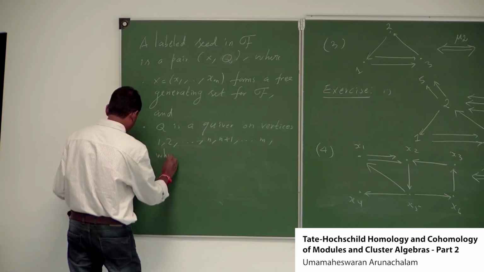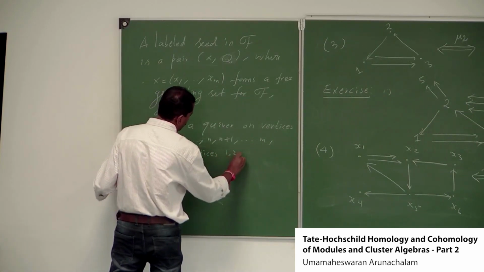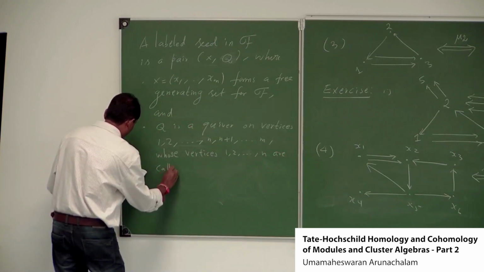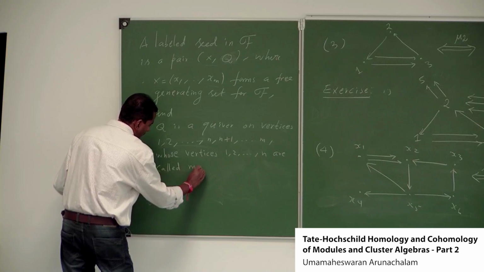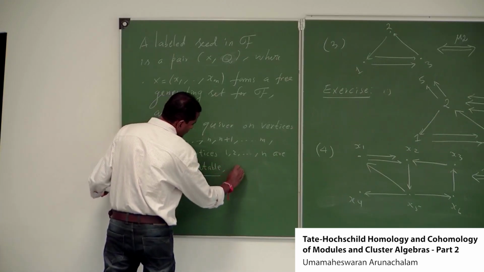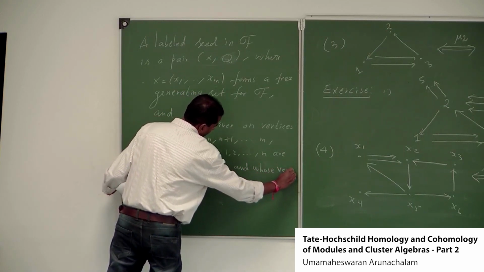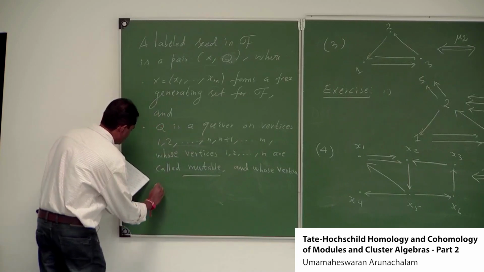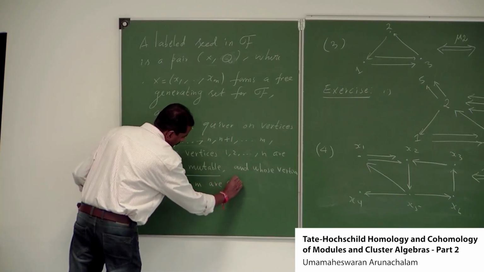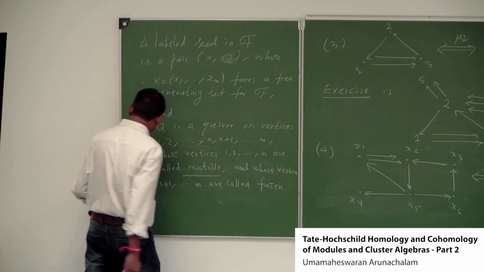Whose vertices 1 to n are called mutable and whose vertices n plus 1 to m are called frozen.